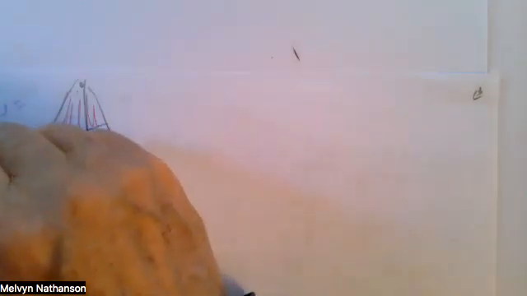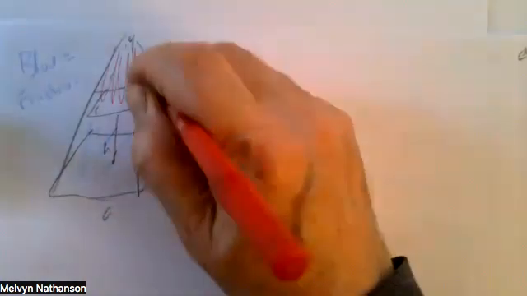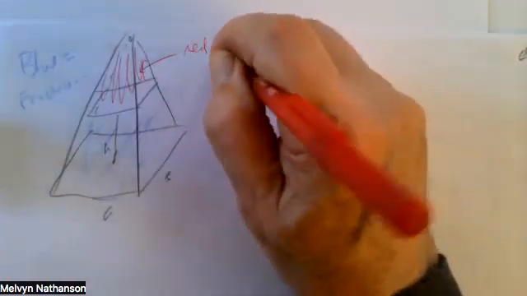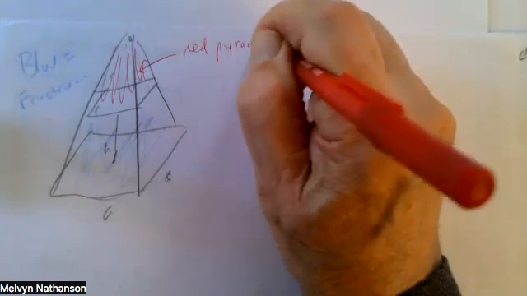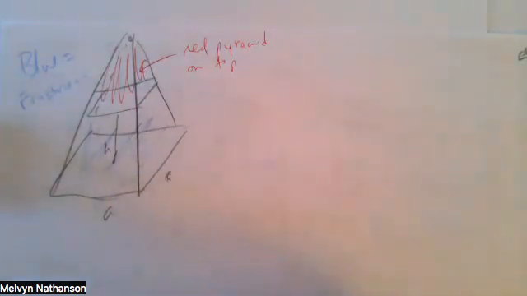So this area in blue equals the frustum. That's what I want to calculate. I have a red pyramid on top. That's the top of this. Okay.